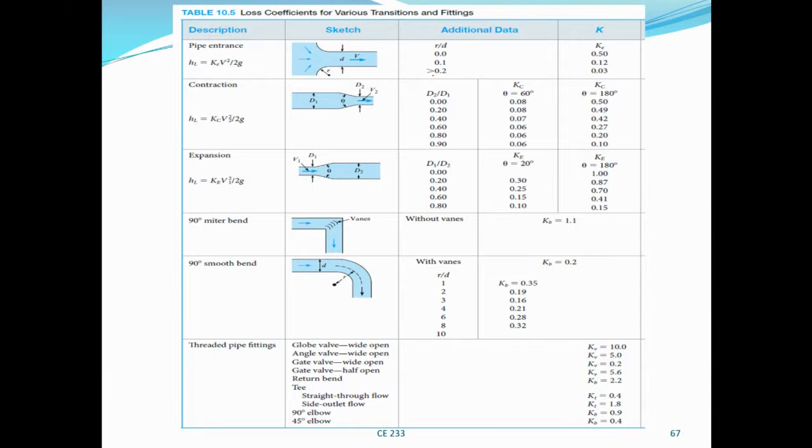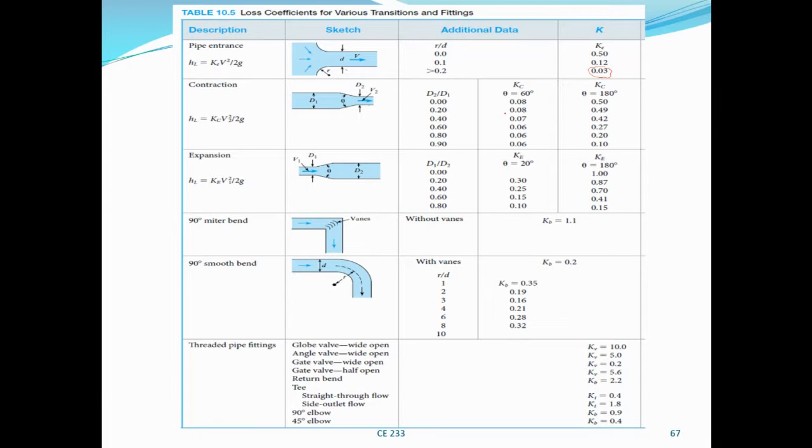Okay, here you can see as R over D, that's the radius over the diameter, increases, you see the entry loss coefficient drops. You can see from 0.5 to 0.03. Here as well, you can see a reduction in diameter, D2 over D1, as the diameter reduces, as they become close to the same diameter.